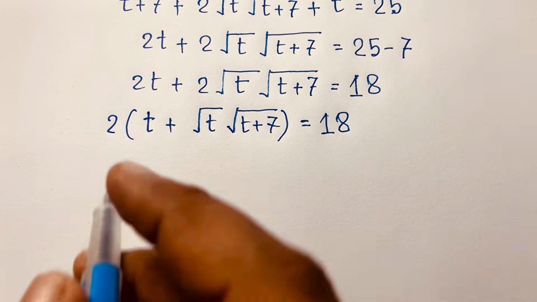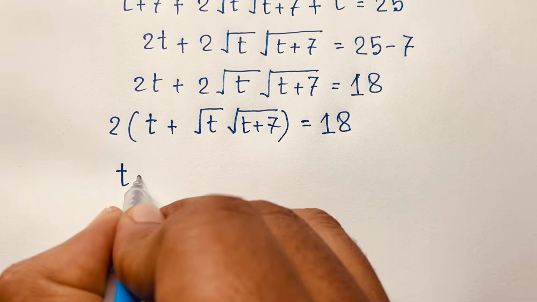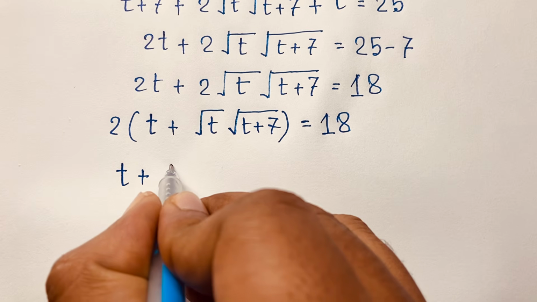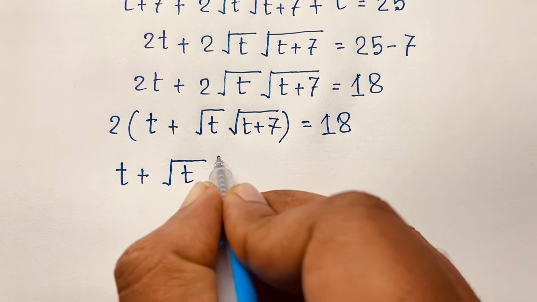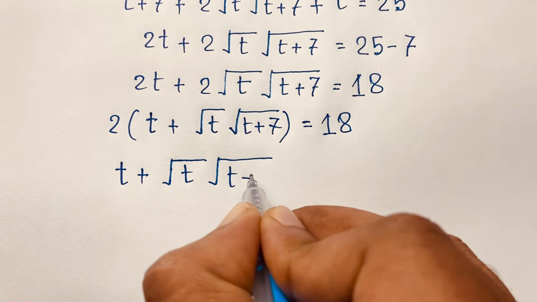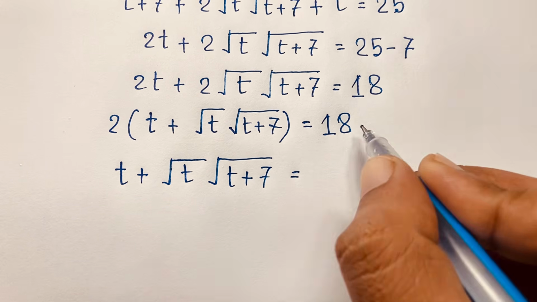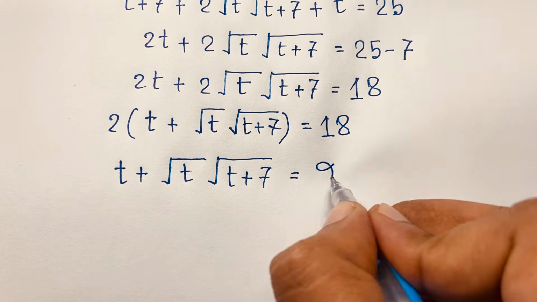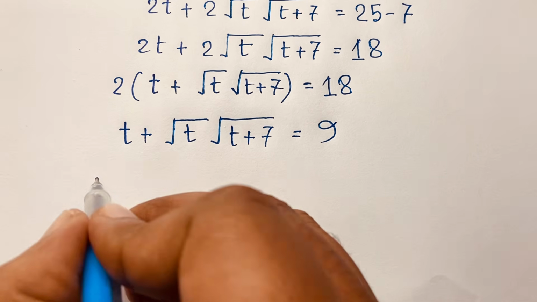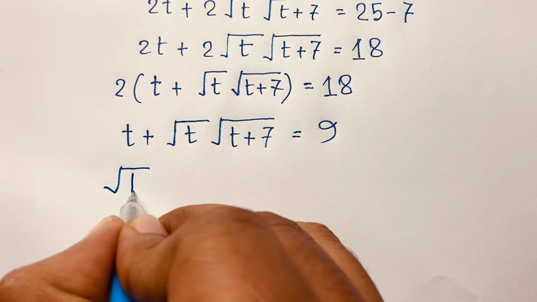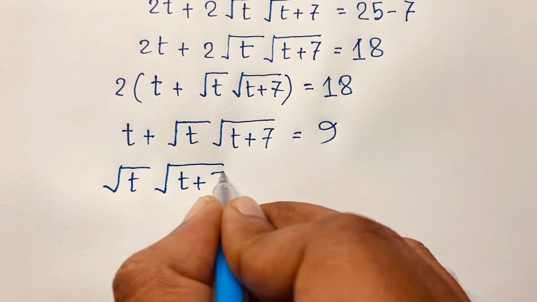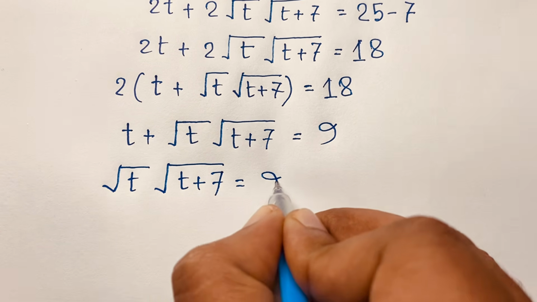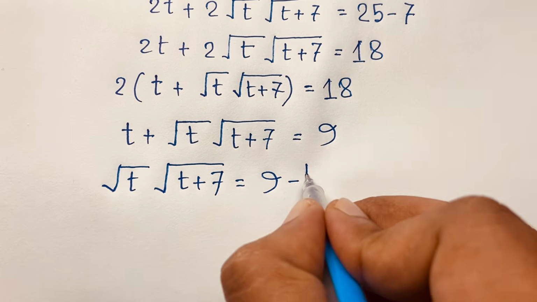If I divide both sides by 2, we will find out t plus square root of t times square root of t plus 7, and this 18 divided by 2 is 9. Now here square root of t times square root of t plus 7 is 9, and if I move this t to this side, it will be negative t.